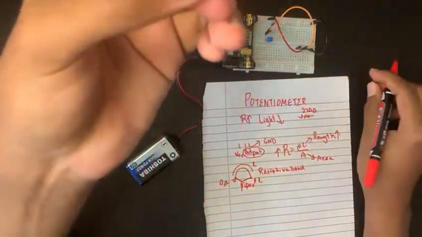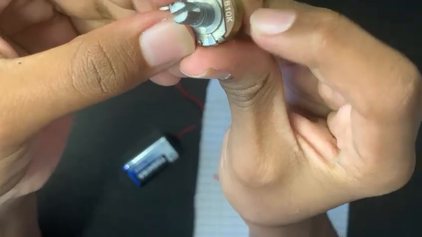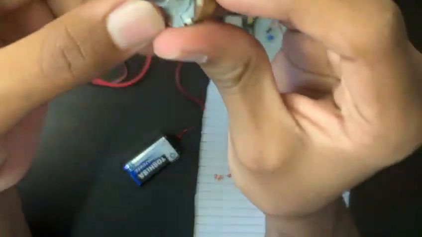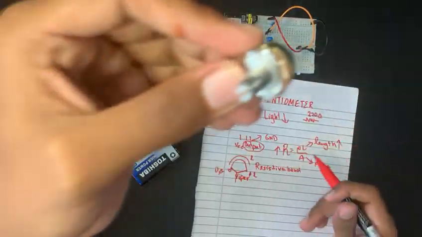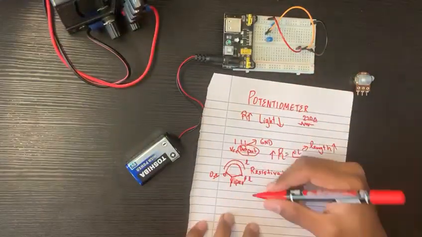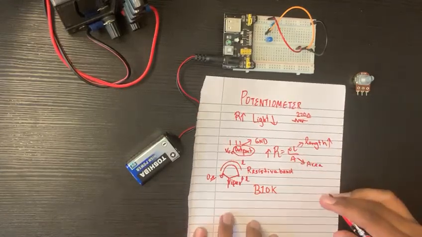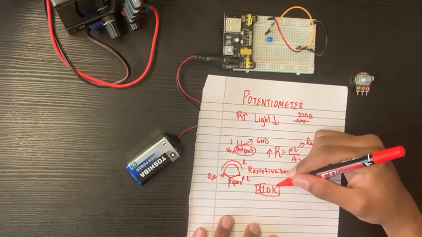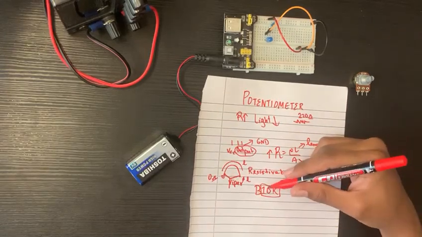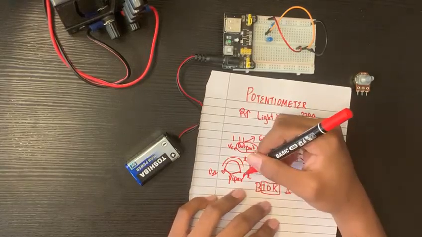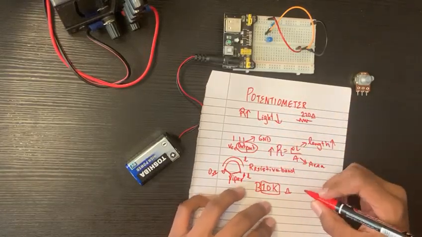So if we look at this potentiometer, you see that it has a letter, and it has numbers and stuff. So let's see what it means. In this case, we have B10K. The latter part is the resistance itself, the max resistance. That's going to be 10 kilo ohm.